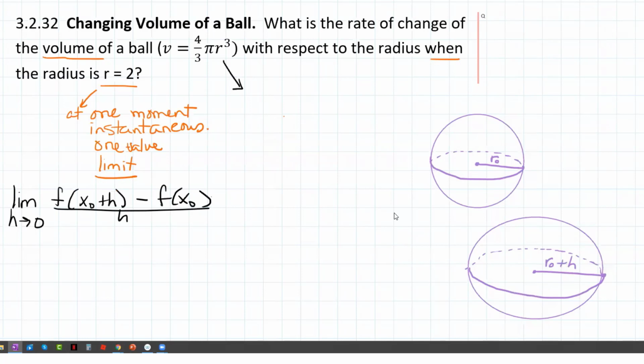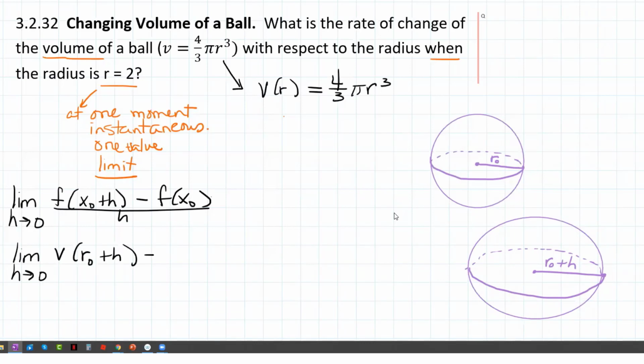Think of the volume as being a function of r. Volume at radius r is 4/3 pi r cubed. So putting the limit of the difference quotient into that notation, you still have the limit as h goes to 0. You have v of r sub 0 plus h minus v of r sub 0 divided by h.